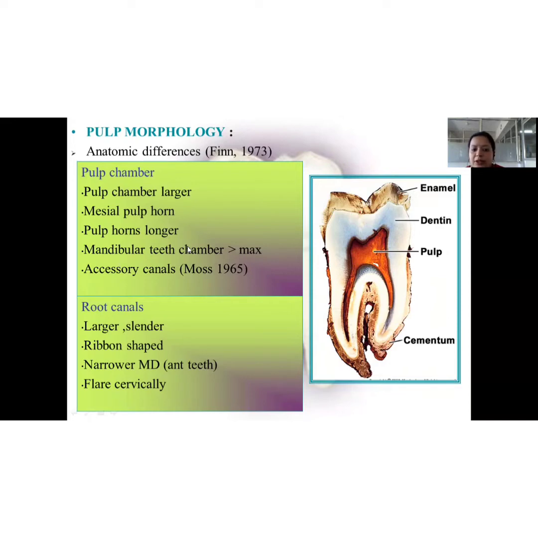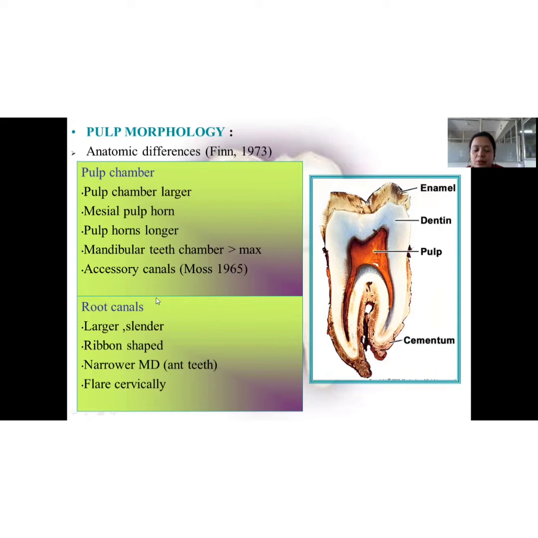Now, mandibular teeth have a larger pulp chamber when compared to maxillary. And there is presence of accessory canals in the interradicular areas in primary teeth, and in permanent teeth there are more accessory canals towards the apical area.